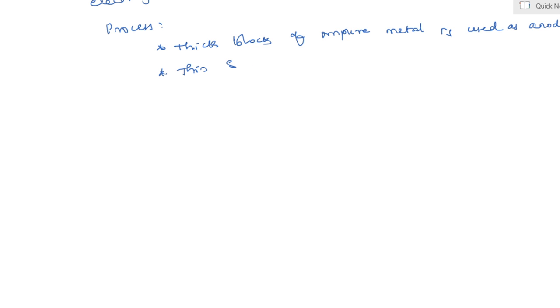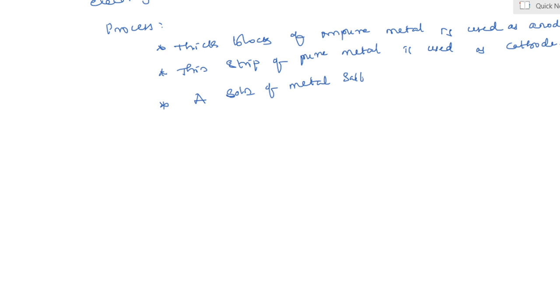A thin strip of pure metal is used as cathode. Afterwards, a solution of metal salt, it means the metal to be refined, is used as an electrolyte.